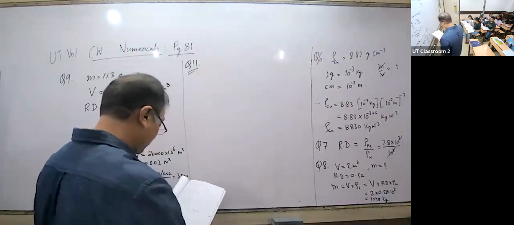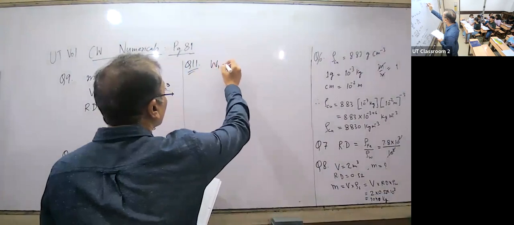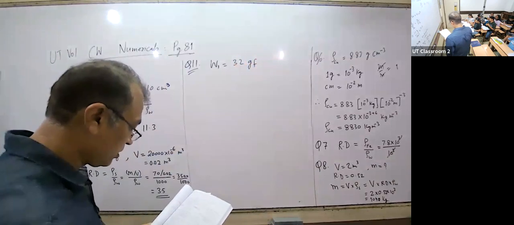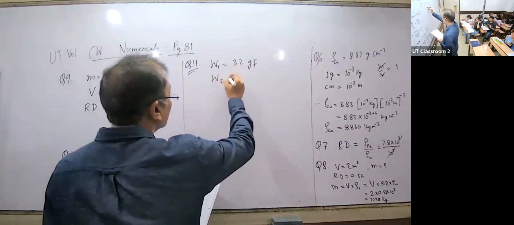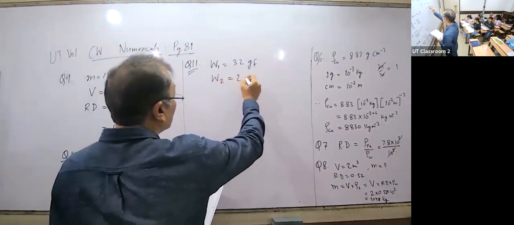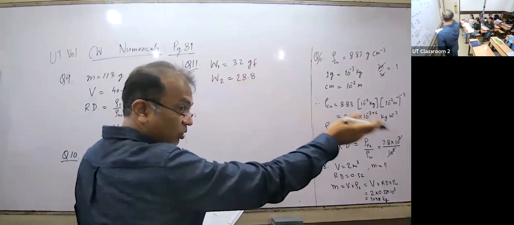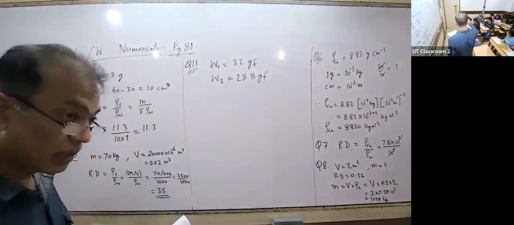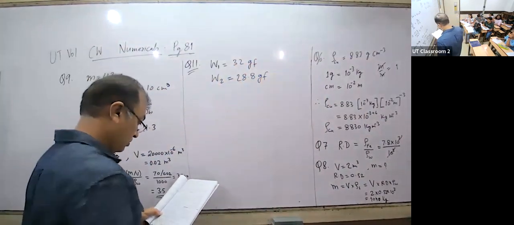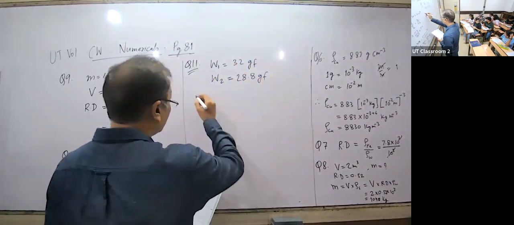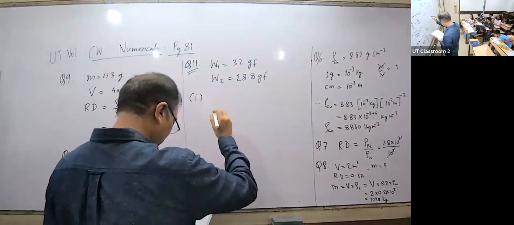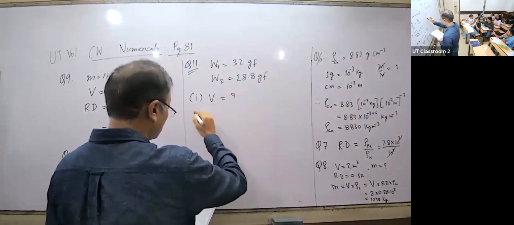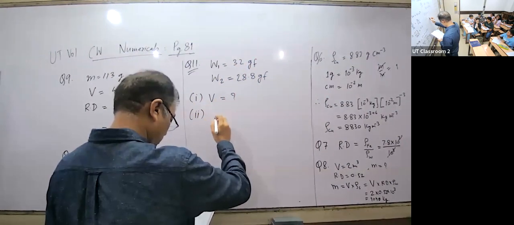Give me the given data. Anybody has solved this question? अरे डेटा बोलो. No, let him speak. Sir, then you have to find W1 32 gram force. उसके बाद W2 28.8 gram force. फिर फर्स्ट वाला volume of solid निकालेंगे.